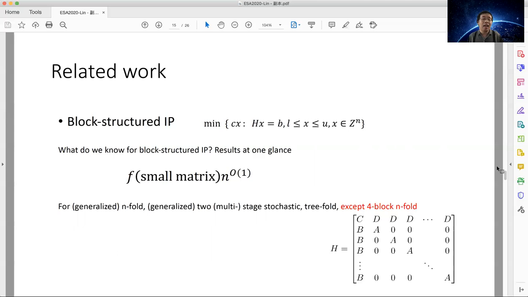But for all of these block structured integer programs, they are all tractable in FPT time, except for full block n-fold. I think that serves as another major motivation for why we pay particular attention to full block n-fold in this paper.